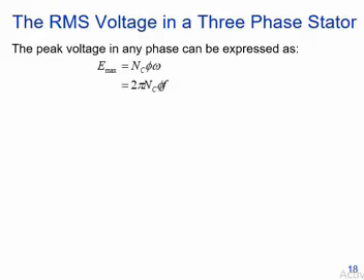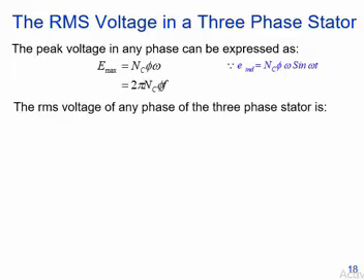The RMS voltage in a three-phase stator. The peak voltage can be found by setting sin ωt as 1, then we will have Nφω. We can write ω in terms of f as 2πf, and it would become 2πNφf.